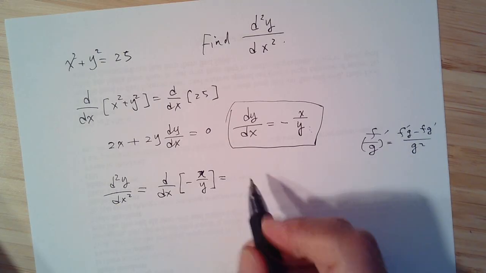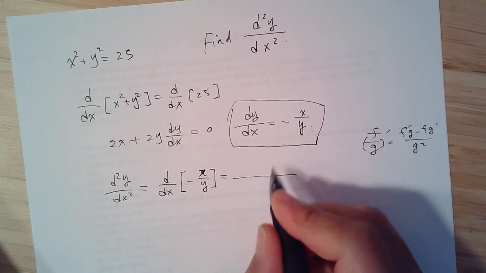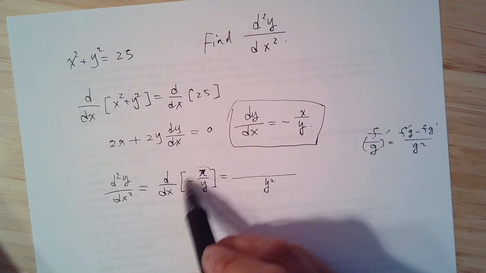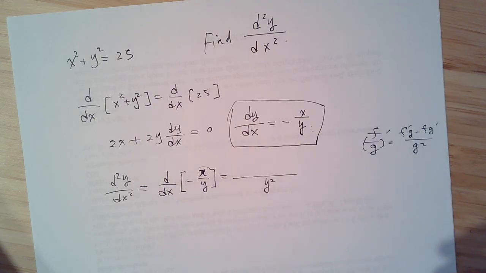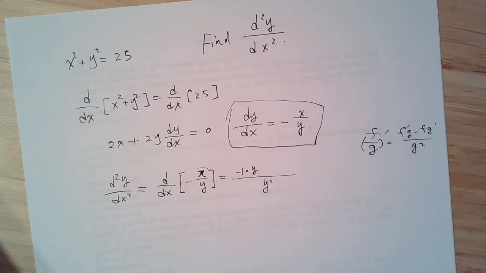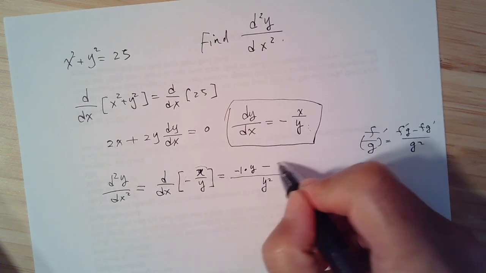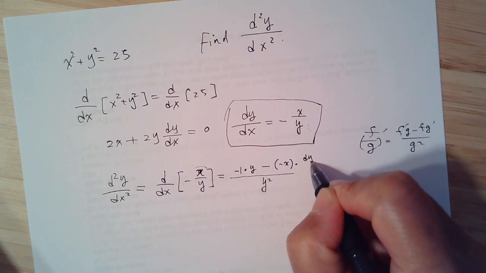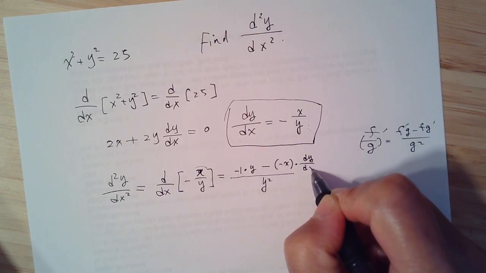I keep writing this because I want to make sure that you're familiar with that. So the denominator is y squared, and the numerator, because I can treat it as negative x, f is negative x, so that's negative 1 times y, minus negative x times y's derivative, dy over dx.